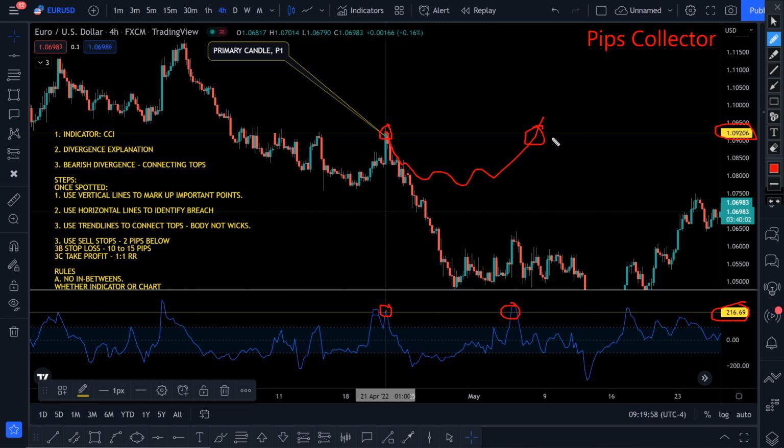Now, hitting it doesn't mean hooray, let's go and open the trade. No, it's to bring your attention back to the chart so that you can start preparing for a pending order, which is your sell stop. Open a pending order, your sell stop. So hitting this horizontal line brings your attention to the chart, like those who can make the alert show on their phone, even if you're not at your desk.